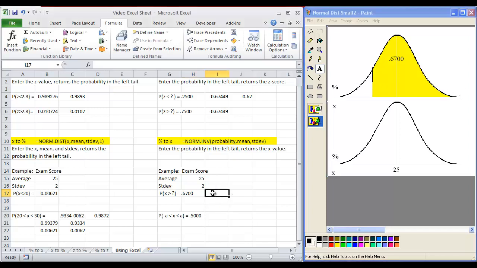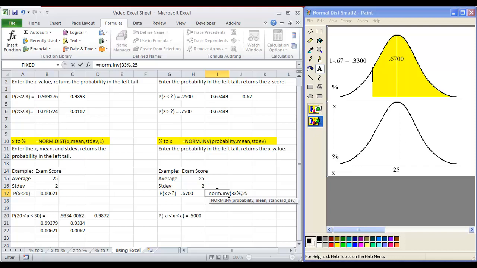So how do we do this one? We need to enter the value in the left tail. Well, to get the value in the left tail, I'm going to want to do 1 minus 0.67, which is going to give me 0.3300. So you add those two together, 0.67, you get to 100%. So equals Norm.inv. Area in the left tail is going to be 33%.